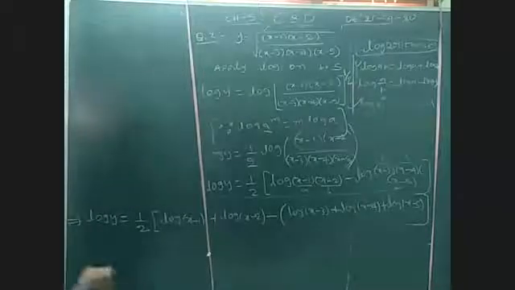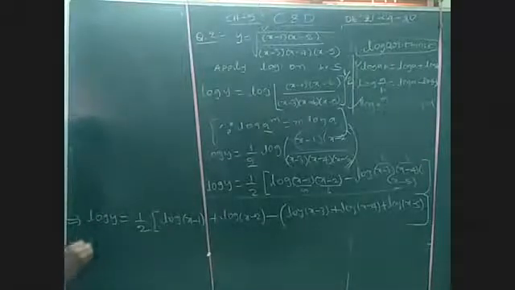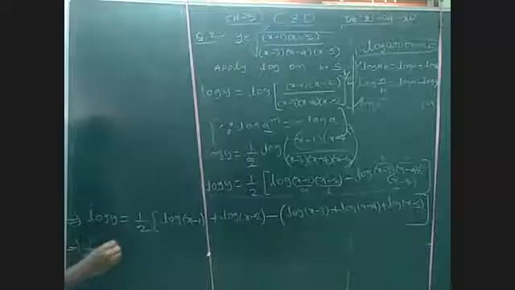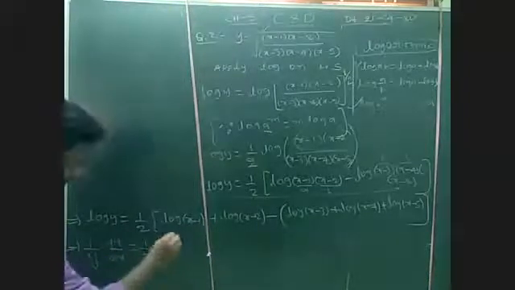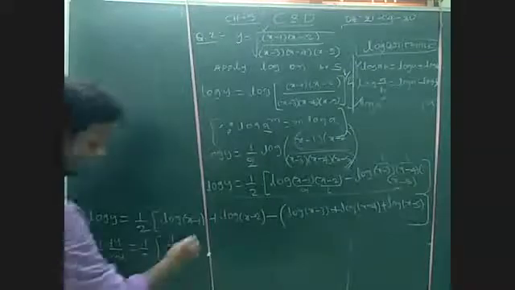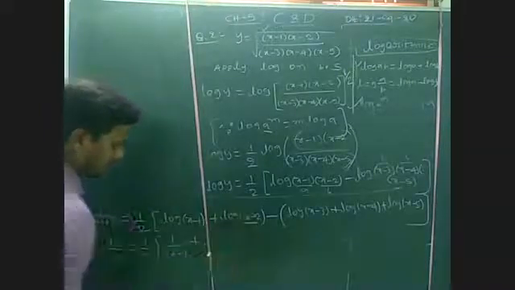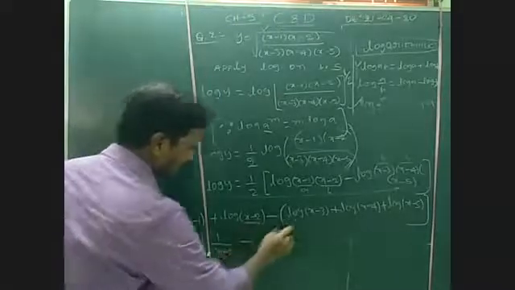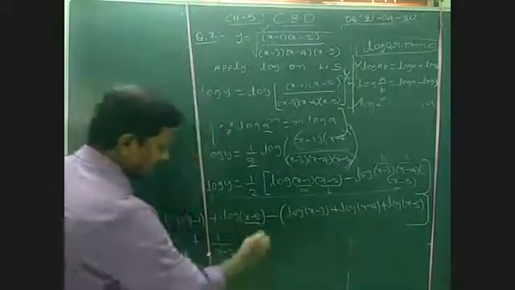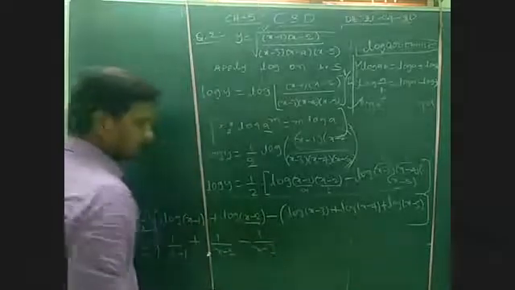Okay, let's see here. Same. Left side is important. 1 by y dy by dx is equal to 1 by 2 of log x, derivative 1 by x. Log x minus 2, this is the form of 1 by x minus 2, minus log x minus 3, 1 by x minus 3.